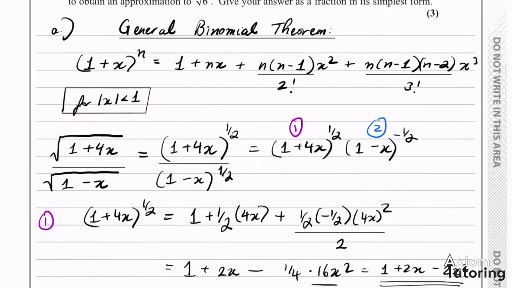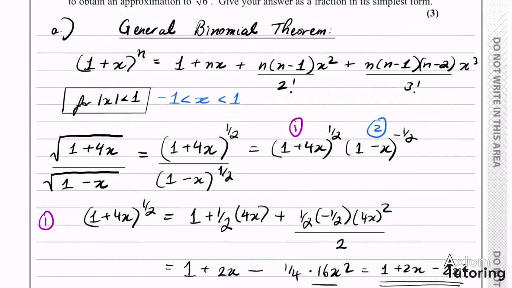What modulus of x less than 1 means is the values of x that we're substituting into this expression have to be less than 1, but greater than -1. So if they're out of this range, then we just can't apply it, or we can't substitute those values of x into this theorem.